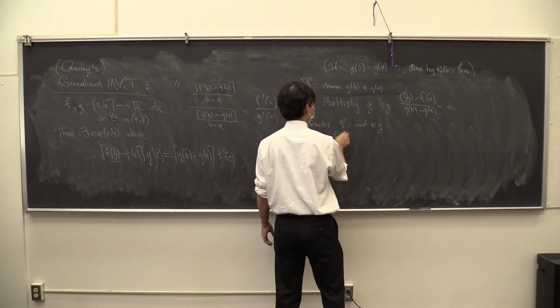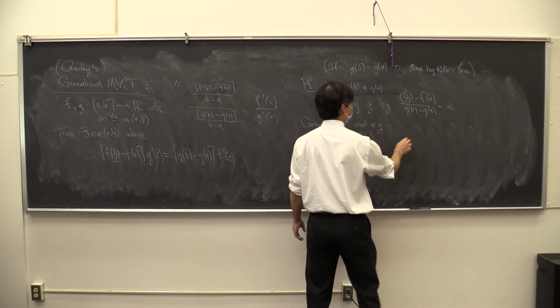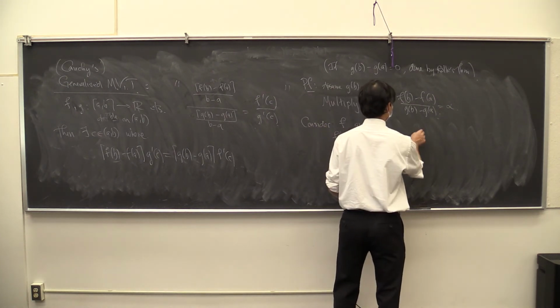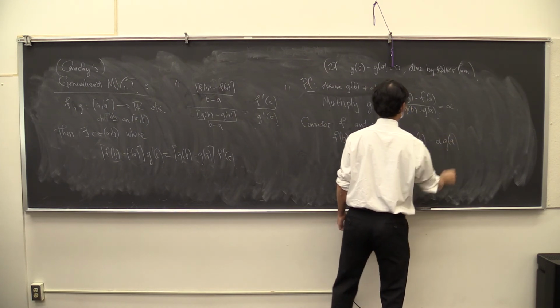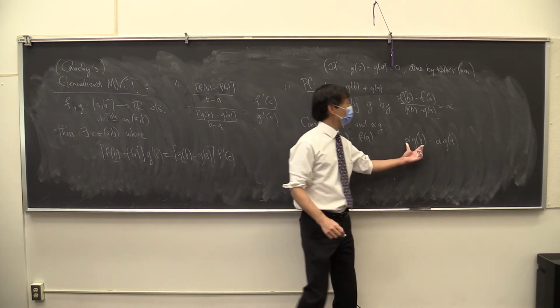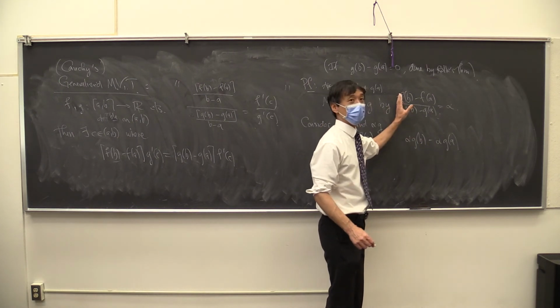Well, if I look at f of b minus f of a, and I look at alpha g of b minus alpha g of a, you guys see what happens, right? Alpha is this thing.